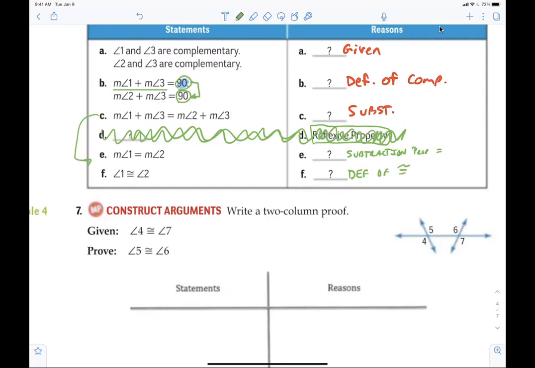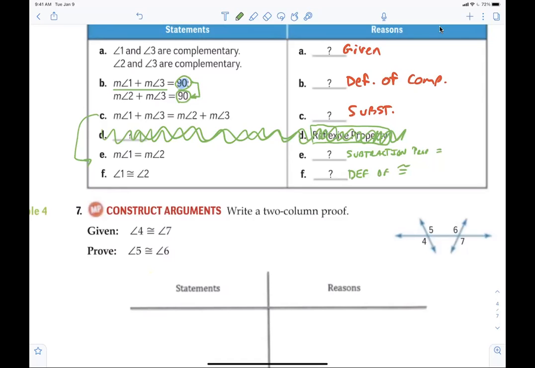Now, Maren, did you understand what I said up here about 90 equals 90? Those two things are equal. That's a simple substitution is what we say. What's the difference between equals and congruent? We talked about that. Again, it's just a technicality.